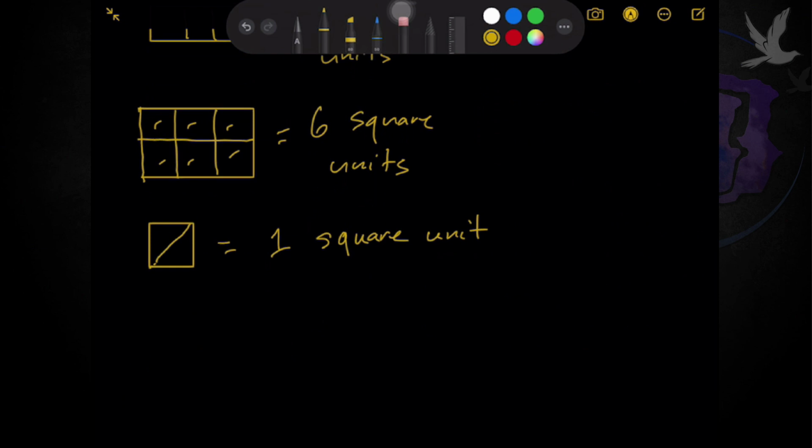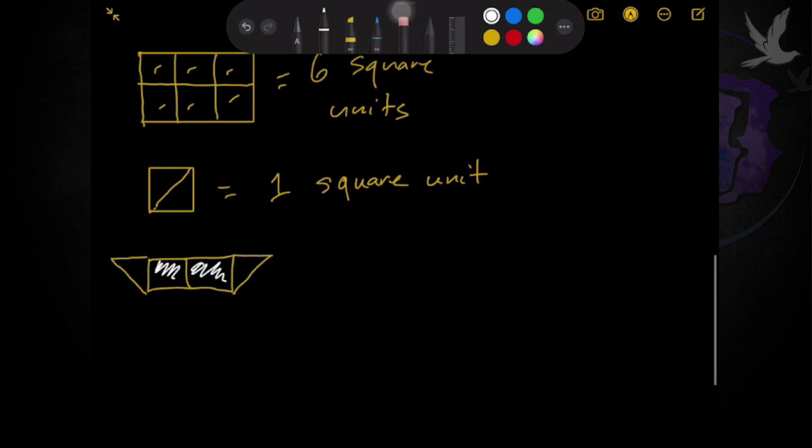So, ibig sabihin, if you have a figure that looks like this, okay? So, as you can see, we have 2 square units over here. That's very obvious. Okay? So, 2 square units na yan. You have 1, you have 2.